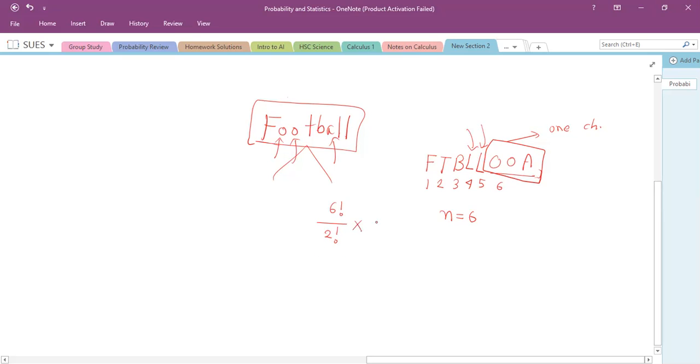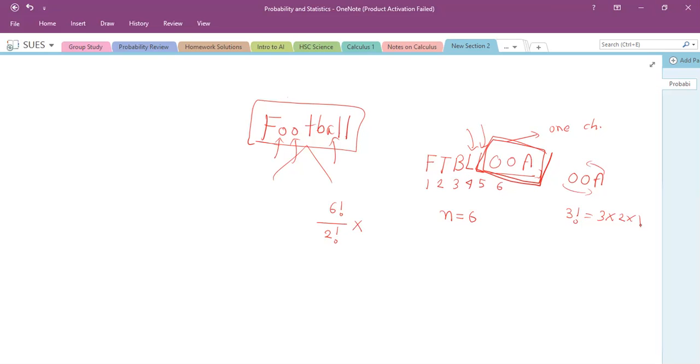Now we have 3 vowels, O, O and A, and these 3 vowels can also be rearranged in 3 factorial ways, or 3 times 2 times 1, that is 6 different ways.